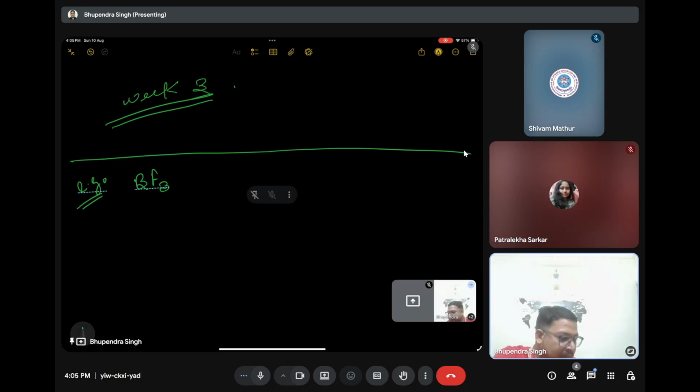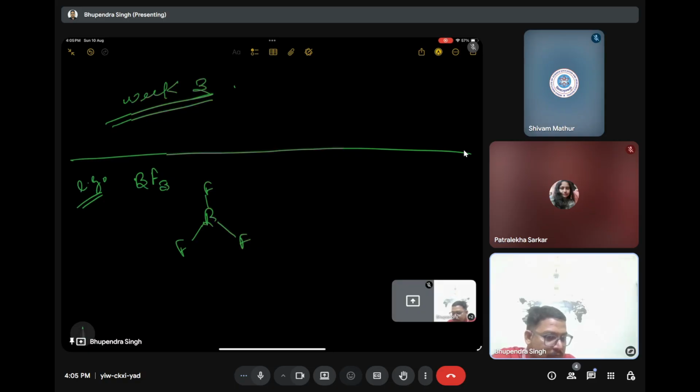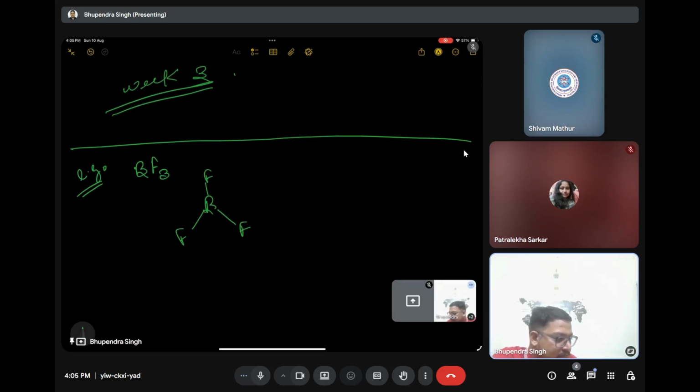And BF3. So this is the structure of BF3. Let's find out the point group, the symmetry elements present here.